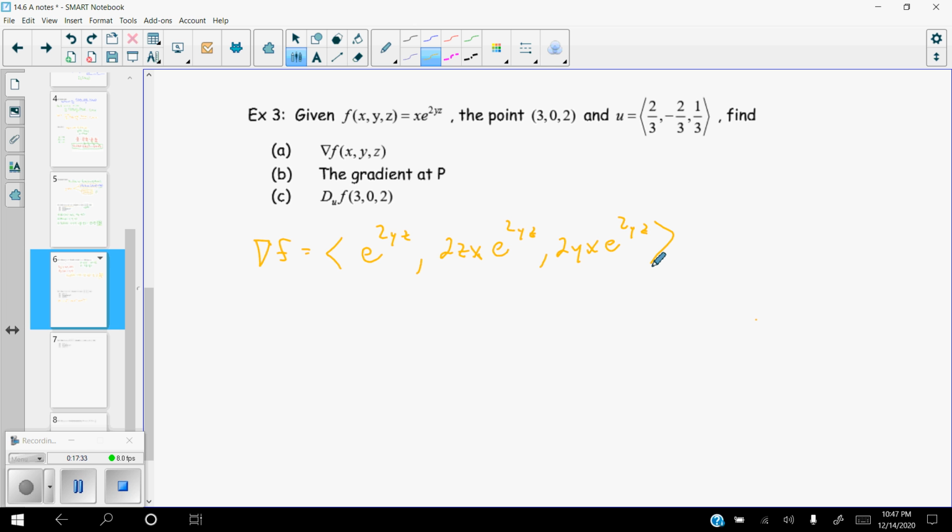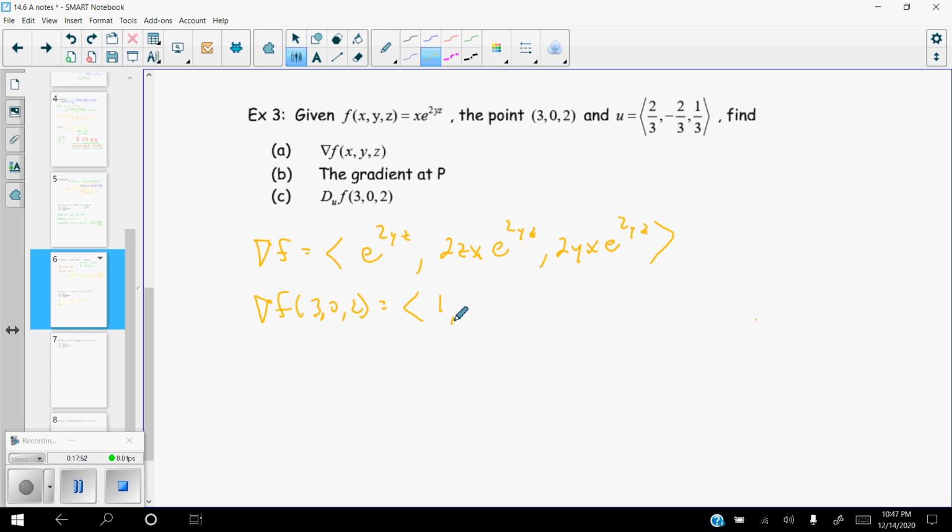Yeah, that looks right. And then the gradient at our point, 3, 0, 2. Just make sure I do it all right. If I plug in y and z, well, y is 0, so it's going to be e to the 0, which is 1.